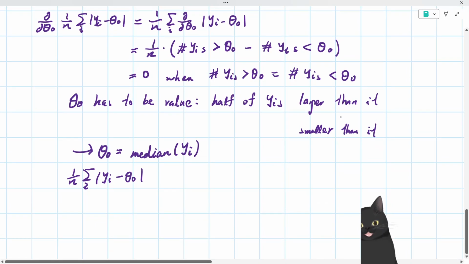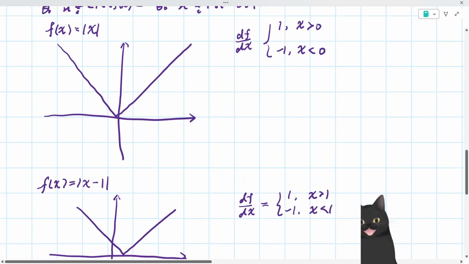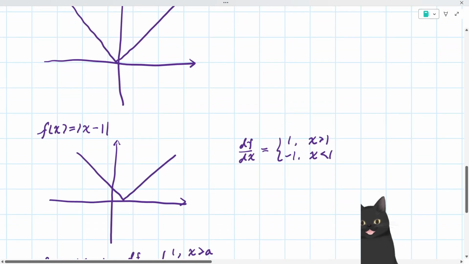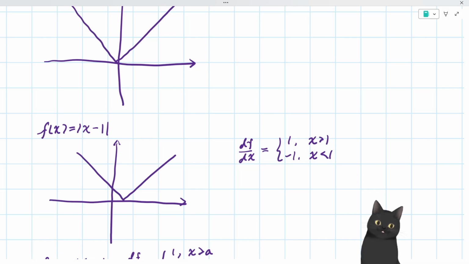How do we see that the absolute value of yi minus theta naught is convex? Well, we can look at its curve, and we see that the curve is convex. To prove that it's convex, you can either continue to use the second derivative test, which is a little bit harder to use, or you can use Jensen's inequality, which is most likely going to help you, because the second derivative is sometimes undefined on the curve.